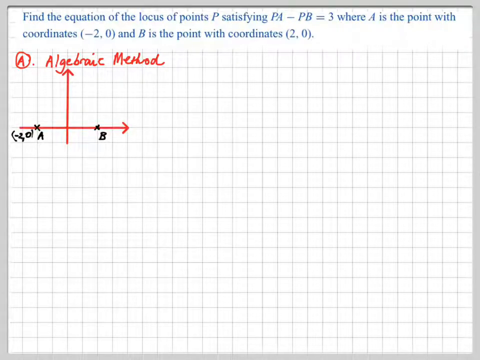I always like a little graph because I'm a visual thinker, and I suspect you probably are too. I've got (-2, 0) and (2, 0), that's A and B respectively, and P's up there, and of course the distance from P to A has to be 3 units more than the distance from P to B. Let's express that algebraically.